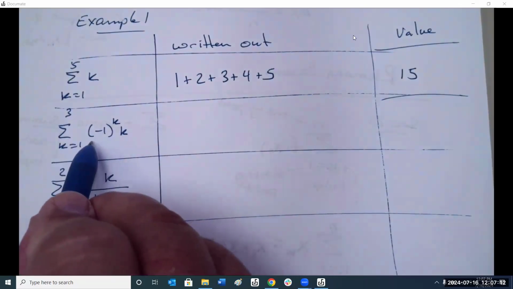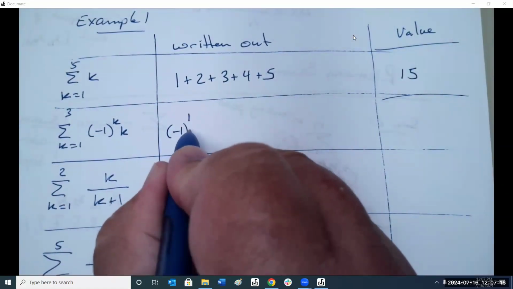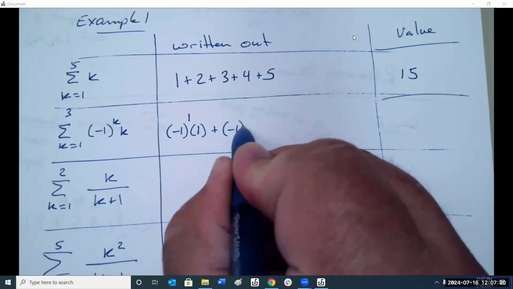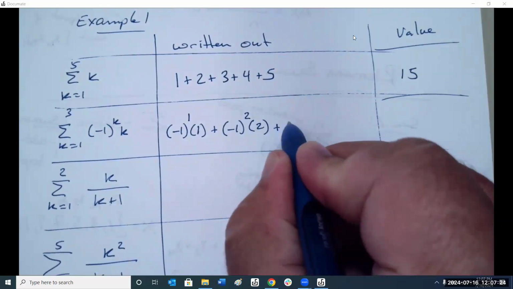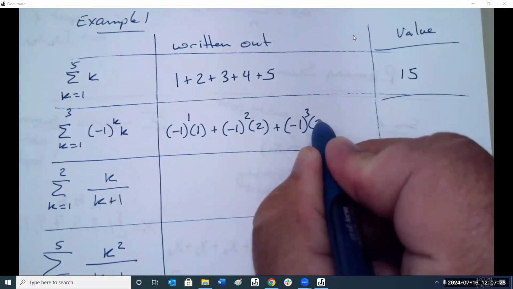Now the next one. We have -1 to the power 1 of 1, plus -1 to the power 2 of 2, plus -1 to the power 3 of 3.